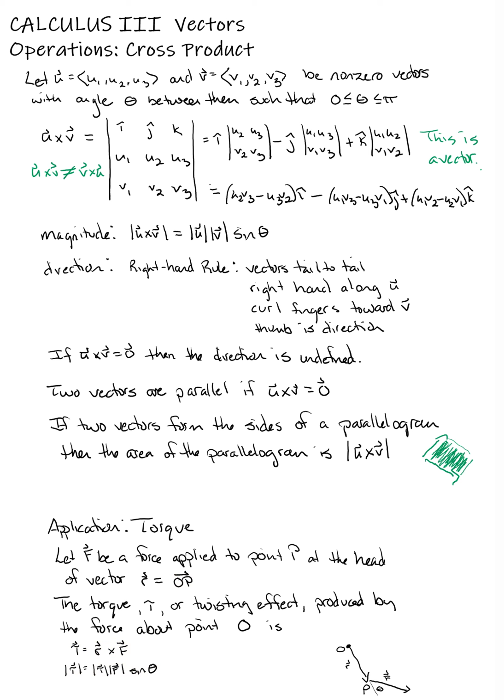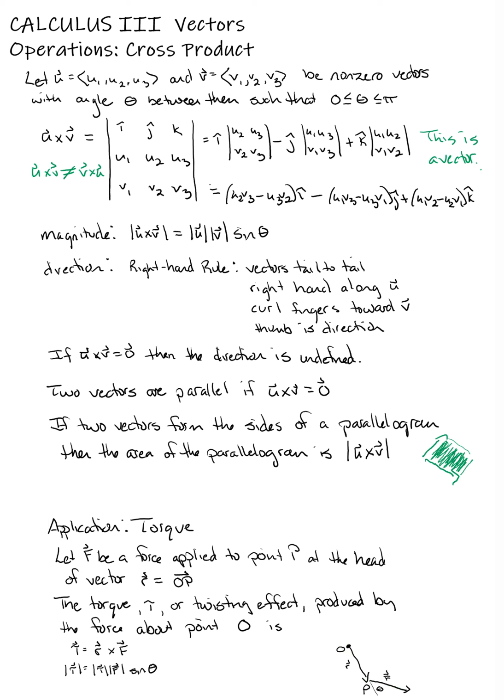So again, we started with point P, and we have this force being applied at point P. What we're looking at is what's going on up here at O. What's happening up there? Well, that is this torque, tau.